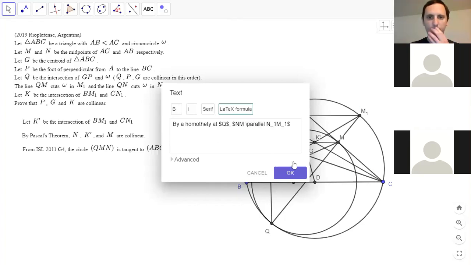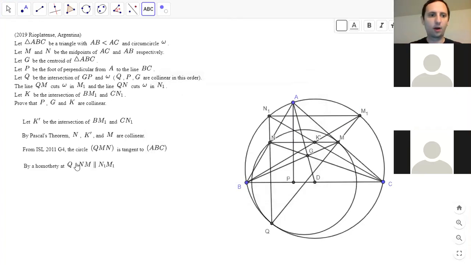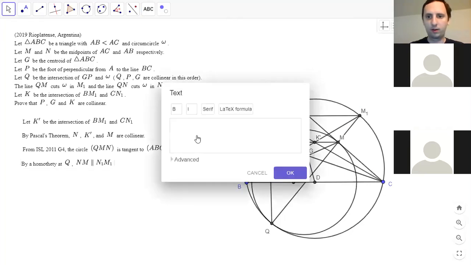I've also typed my solution in the chat. All right, thanks. And then, okay, so BN1M1C is an isosceles trapezoid.